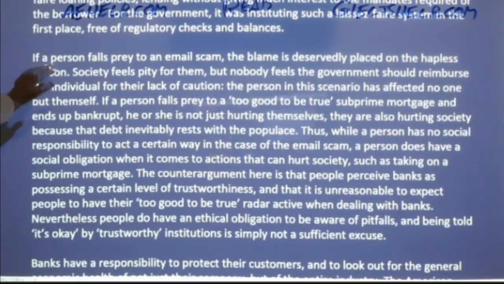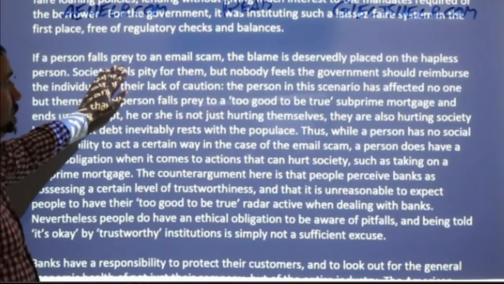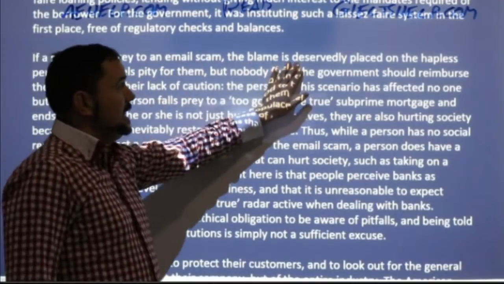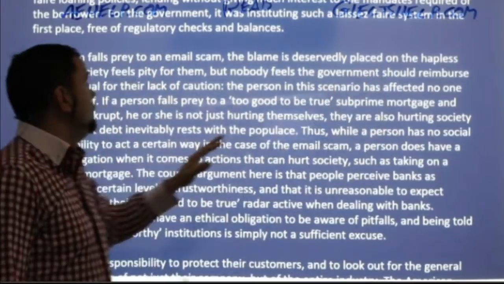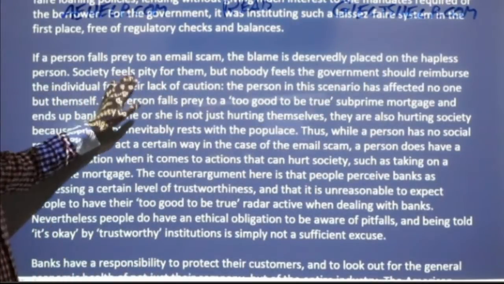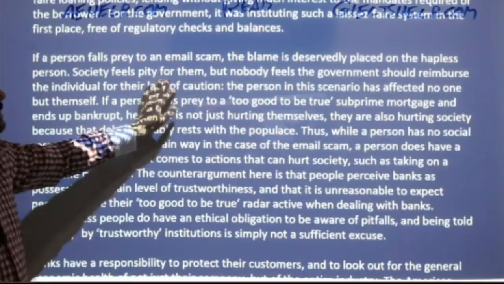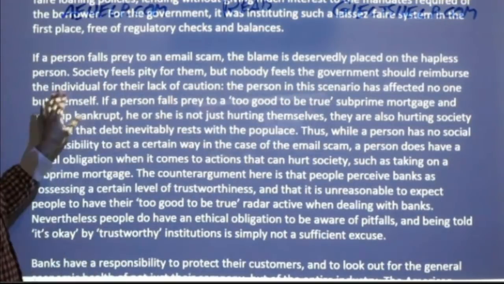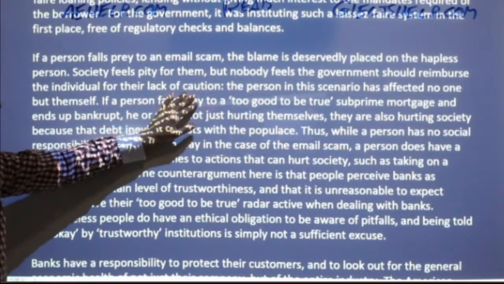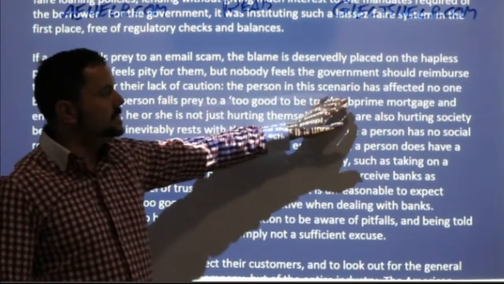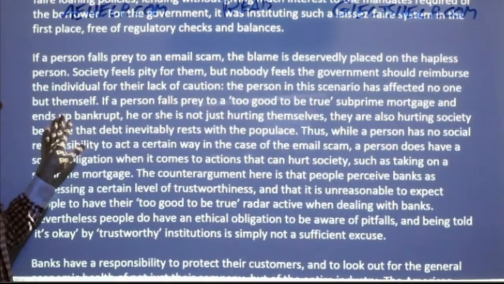Read with me. If a person falls prey to an email scam, the blame is deservedly placed on the hapless person. Society feels pity for them, but nobody feels the government should reimburse the individual for their lack of caution. The person in this scenario has affected no one but themselves.